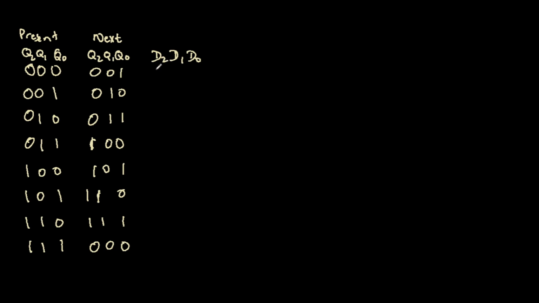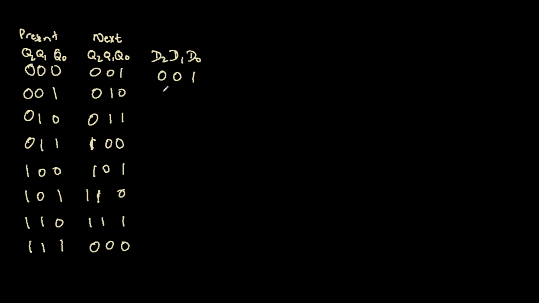So read this truth table as we're trying to ask the question, what do our D2, D1, and D0 have to be in order for our developed system, the system of flip-flops, to run through these states in this specific order. So to get your flip-flops to go from 000 to 001, your inputs obviously have to be 001, because whatever is at the D flip-flop input, it gets transmitted to the output.